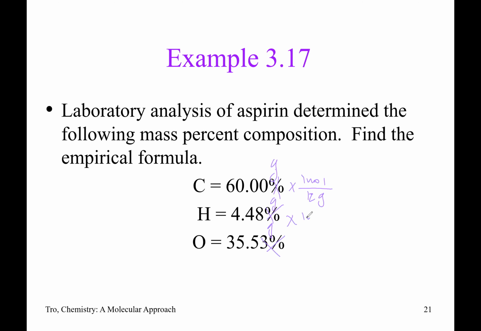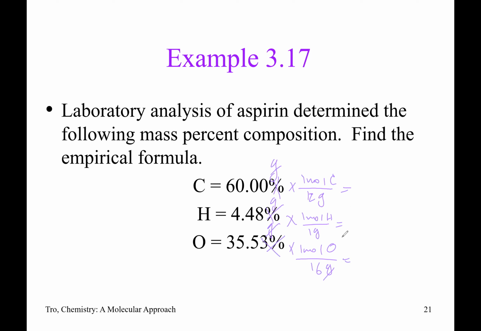For hydrogen, the number is 1 gram per mole of the hydrogen. So 1 mole of C, 1 mole of H, and 1 mole times 1 mole of O over 16 gram of O. Then you're canceling the numbers.